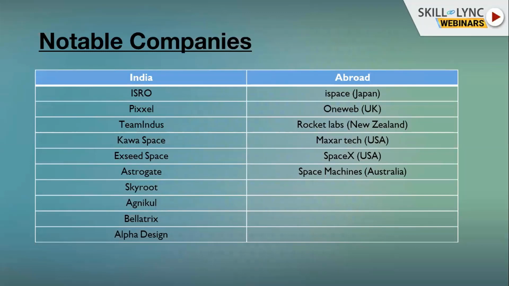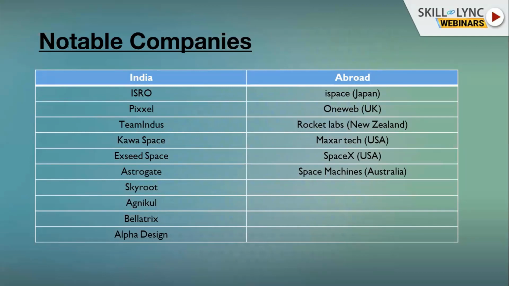If we talk about companies abroad, there are companies like iSpace from Japan, which is making lunar landers and rovers, which is a very big company and has headquarters in Luxembourg and the USA as well. Then many of you must have heard of OneWeb, in which Bharti Mittal has taken some stake, and they are making communication satellites. And there's a launcher company called Rocket Lab from New Zealand.